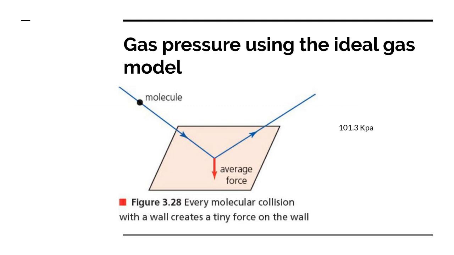So if you consider that right now on your head, there is a force of 101.3 thousand newtons per square meter, right? That is an insane amount, but it's actually something that your body has evolved to cope with.